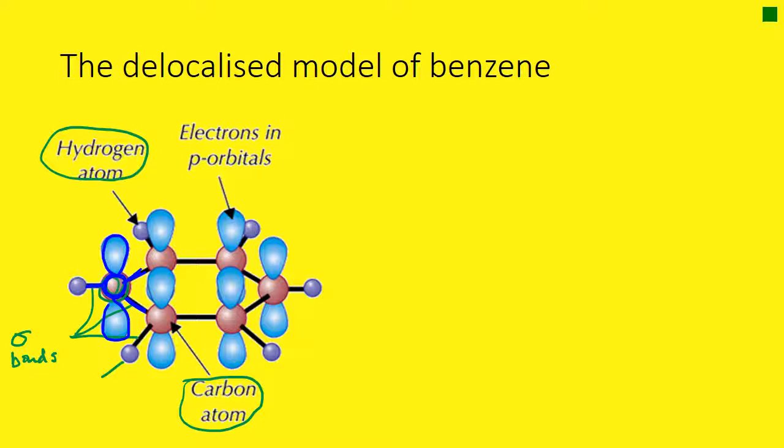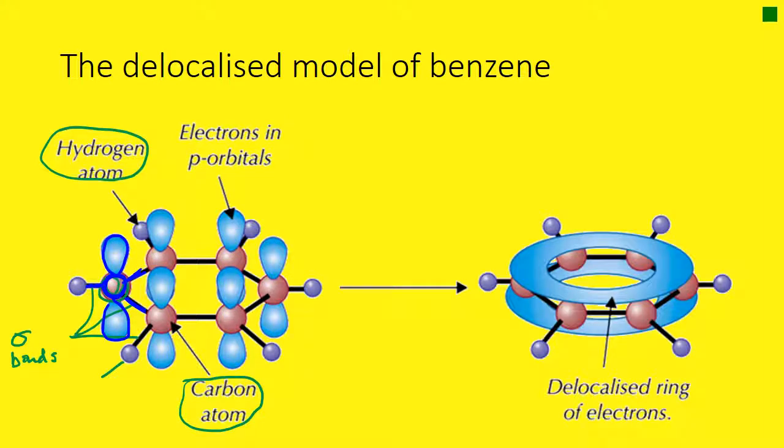Okay, so that's what you need to know for A level, and those 4th non-bonding electrons exist in those p orbitals. Okay, and the p orbitals don't just stay there. What they do is they merge, and the merge looks like this here. You can see this delocalized ring of electrons.